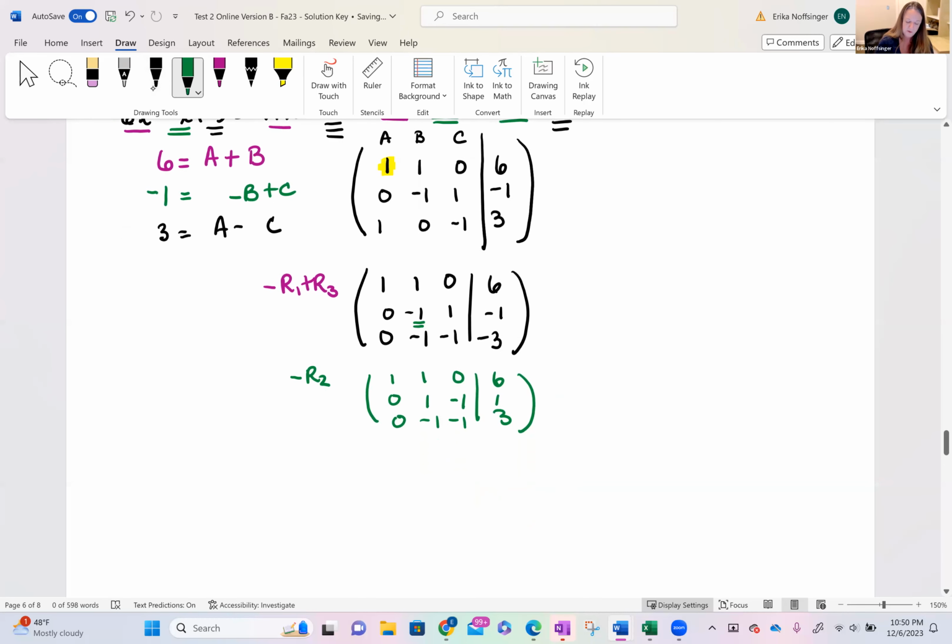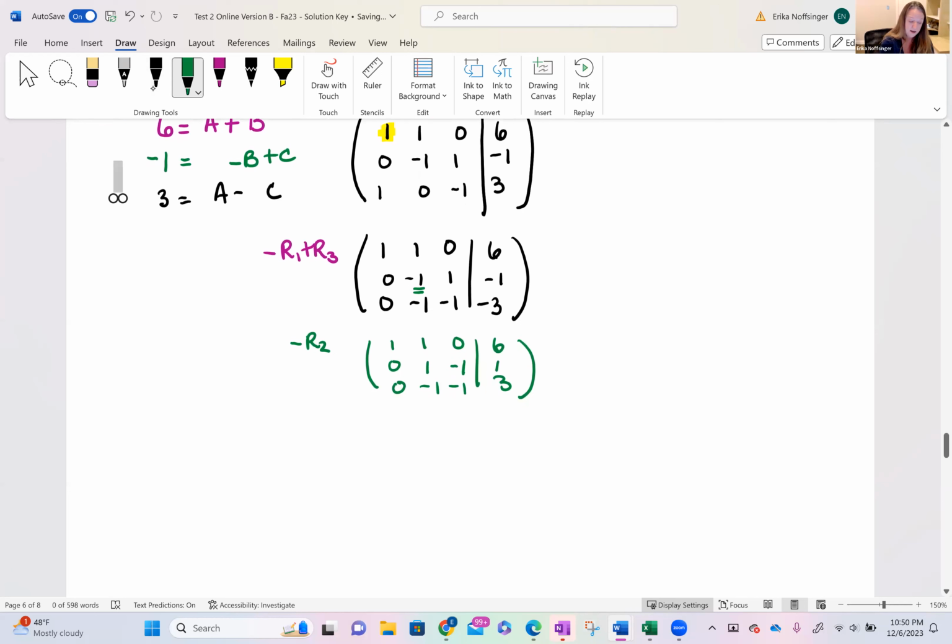So now I'm going to get rid of the one above that leading 1 and below that leading 1 in the second column. And so I can do that by negative row 2 plus row 1.